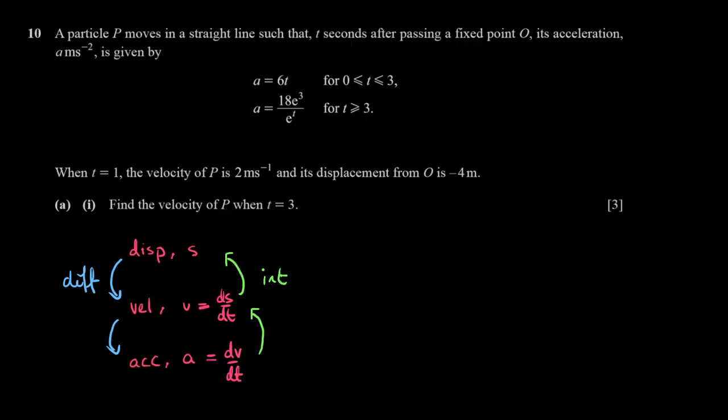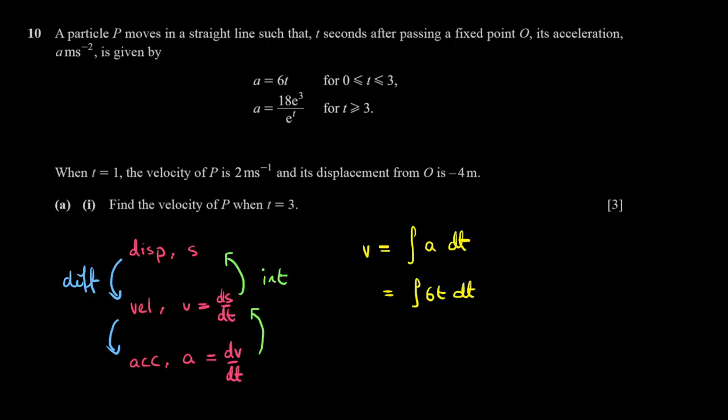Okay, so what have we got here in this question? We want to find the velocity when t is equal to 3. Now notice that 3 is the boundary condition for this. So how are we going to find the velocity? Well, velocity is equal to the integral of acceleration with respect to time. So we are now integrating 6t dt.